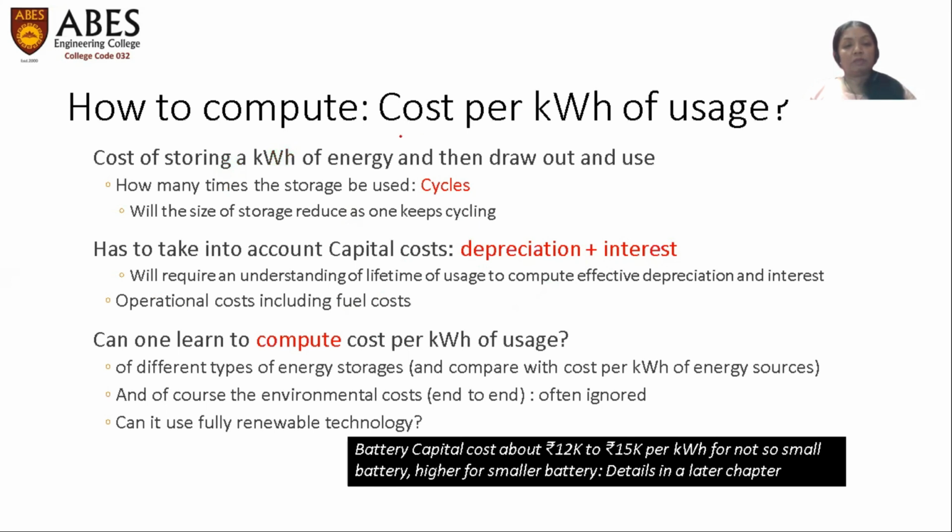So there is the cost of charging the battery, then how many cycles can be charged on that battery, then how much interest has been paid for buying that battery.